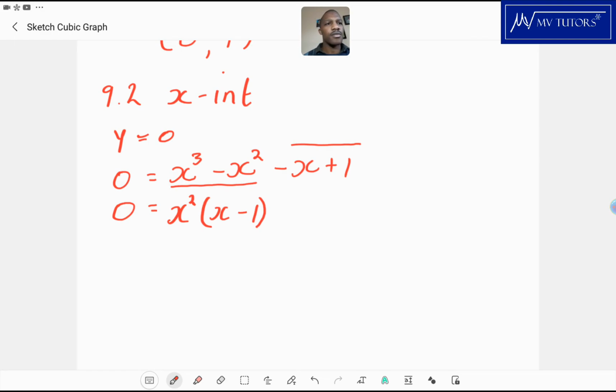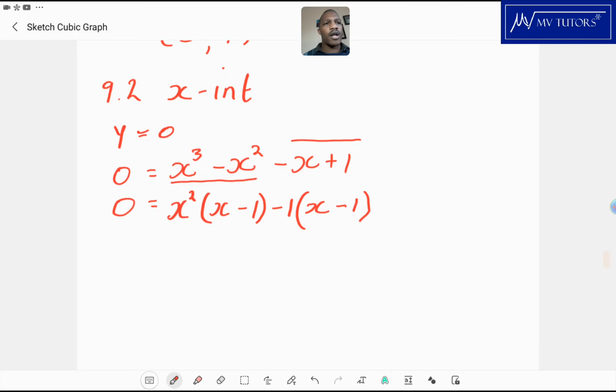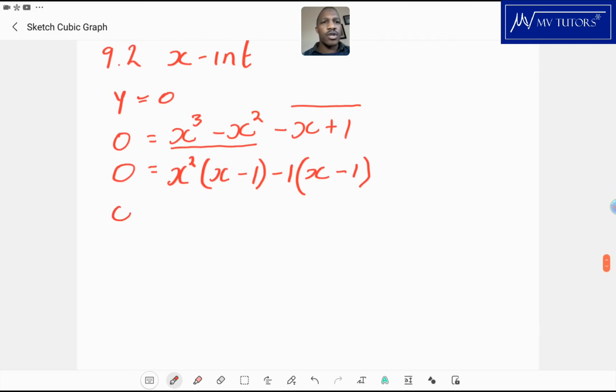And then on this side, a common factor between these two is just minus 1. And then to get minus x, I multiply with x. To get plus 1, multiply with a negative 1, because negative 1 times negative 1 gives me a positive 1. So as you can see, it's working out really nicely.